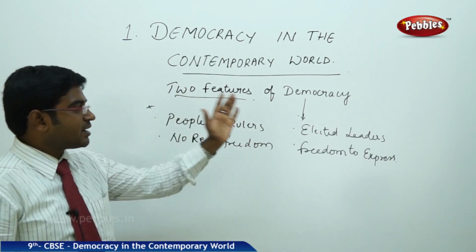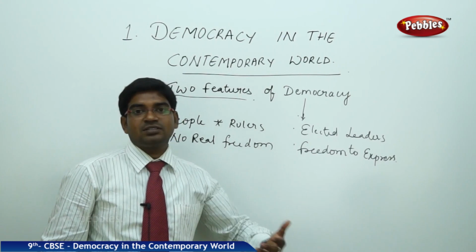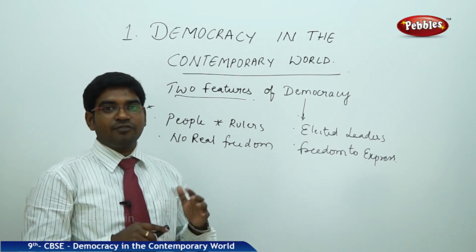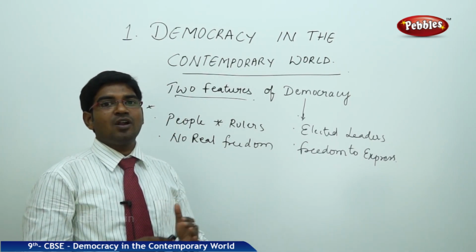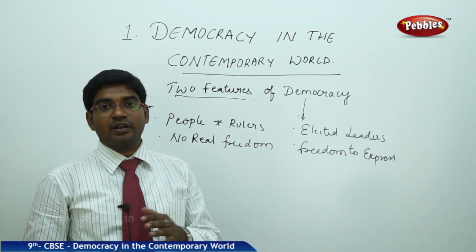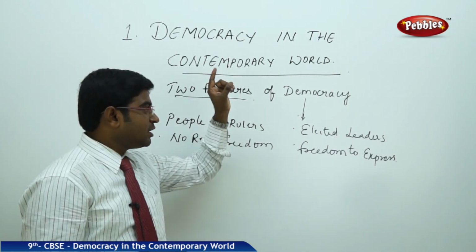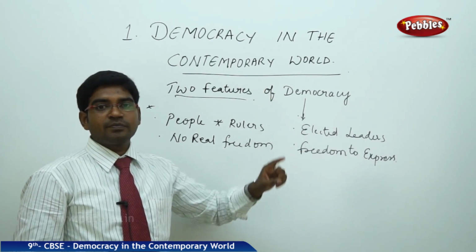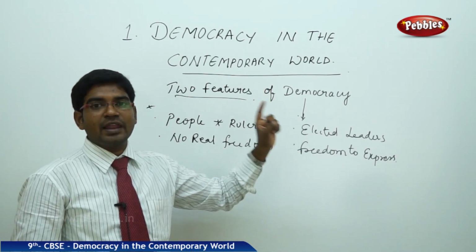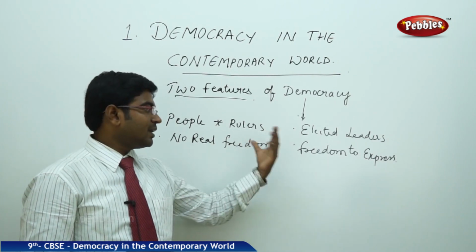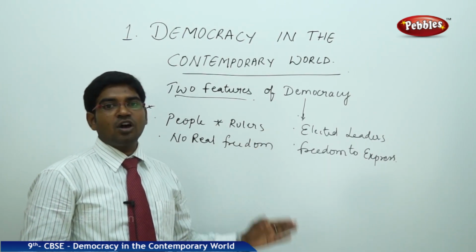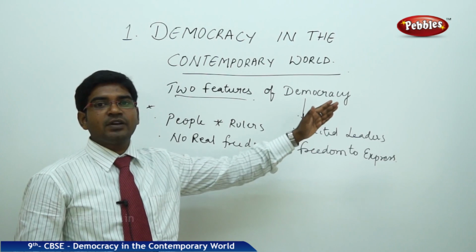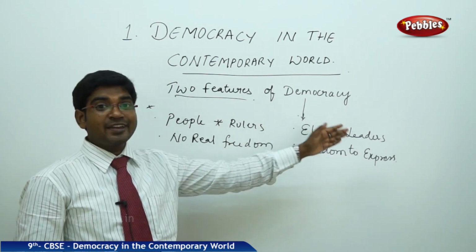Well, now I am coming to understand democracy. What is democracy offering? Why is democracy called the best government of modern times? Because it gives the people the choice to elect their leaders. Only elected leaders can rule the people. The other thing is that democracy always provides freedom of press and freedom of expression.